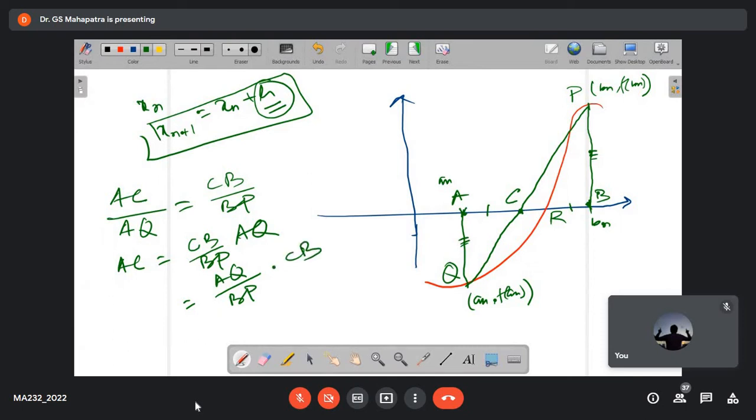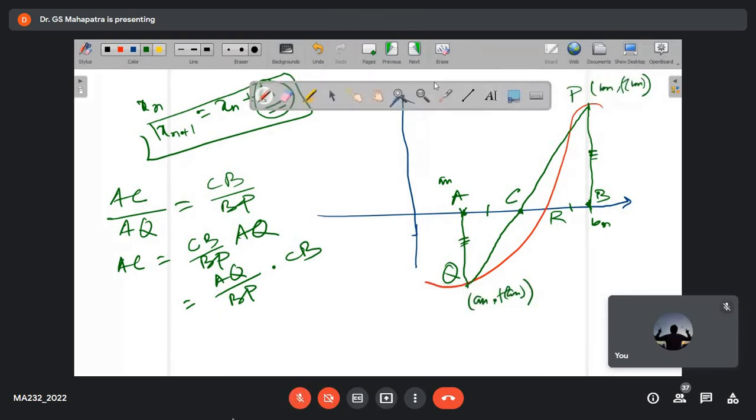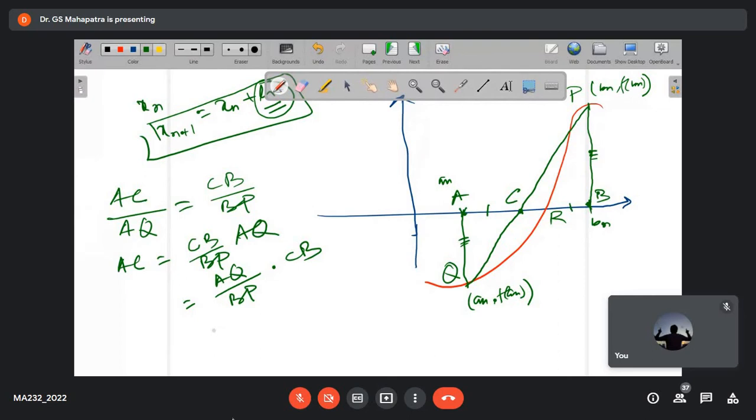What is AQ? F of An. So this is F of An divided by, what is BP?